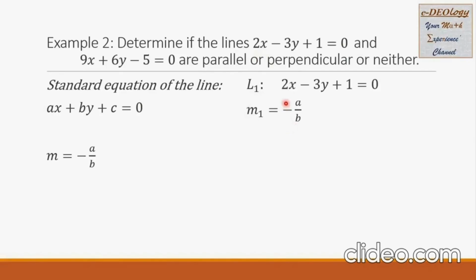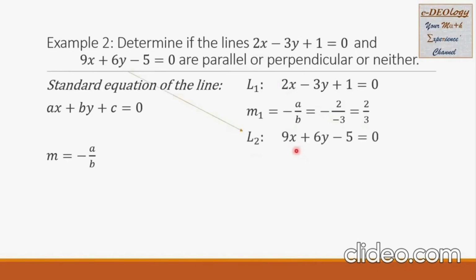The a now here becomes the 2, the coefficient of x, and the b is now replaced by negative 3. And this expression can still be simplified because the negative and the negative becomes positive. So our m sub 1 is positive 2 over 3.